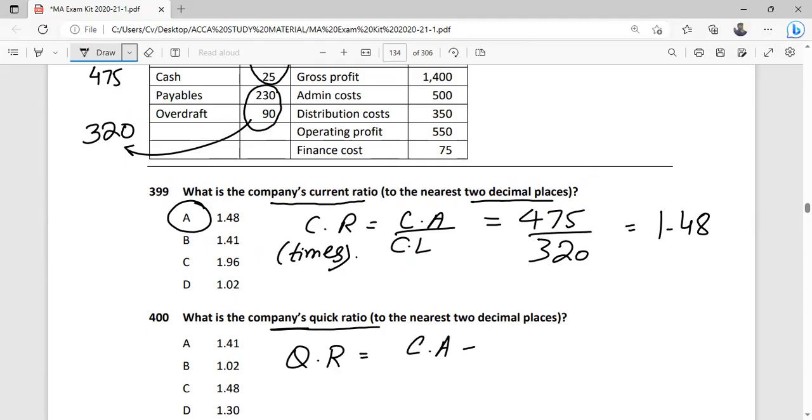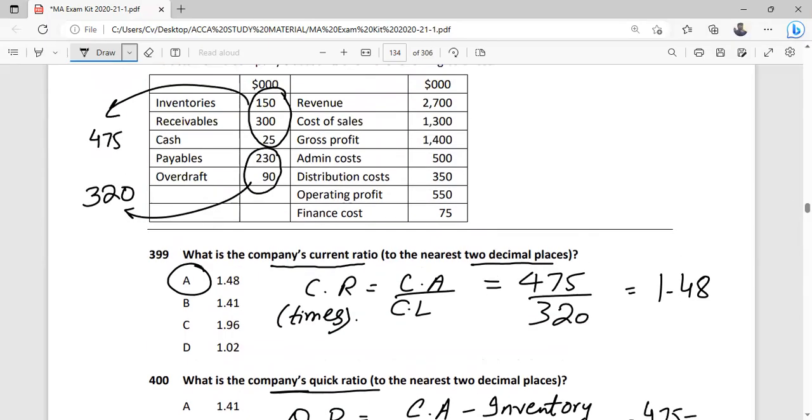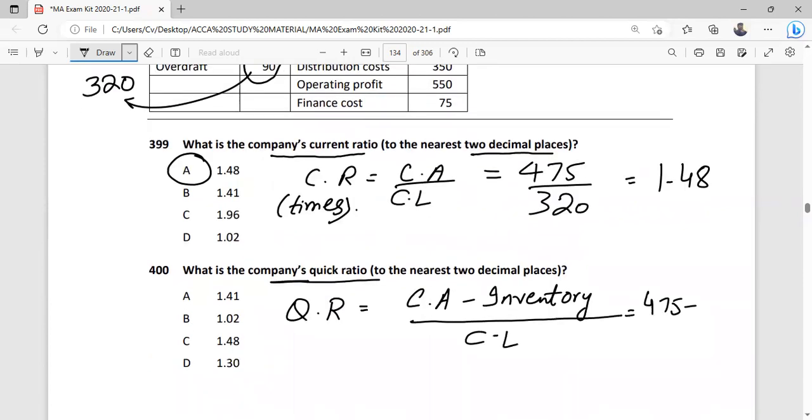It says current assets minus inventory, because inventory is not a quickly cash-convertible item, divided by current liabilities. So the current assets are 475, but we will deduct inventory of 150, divided by current liabilities of 320.